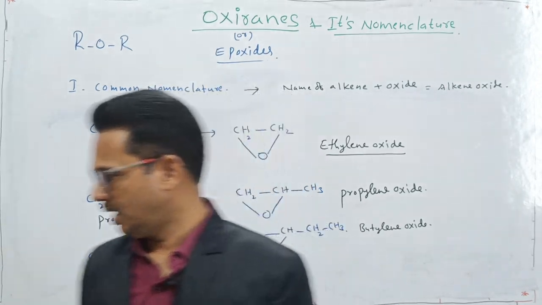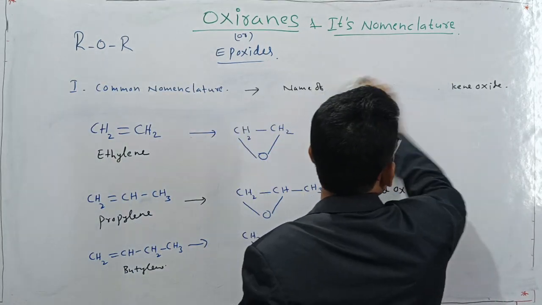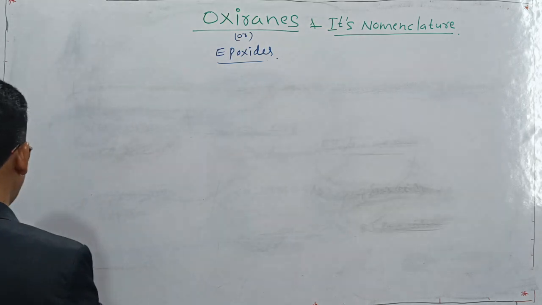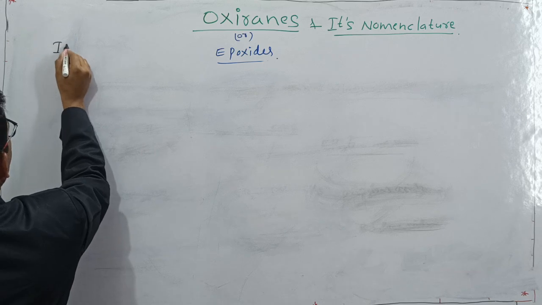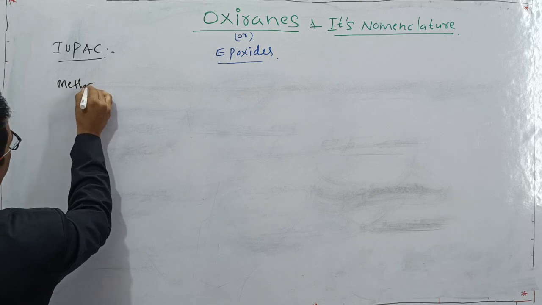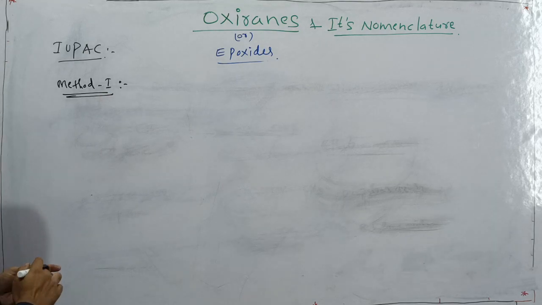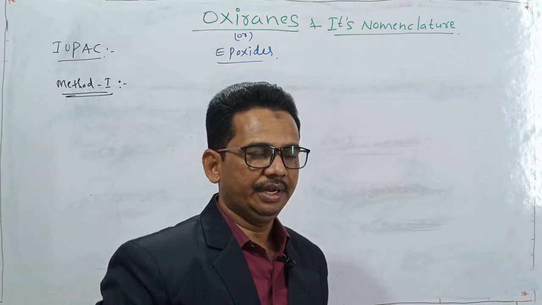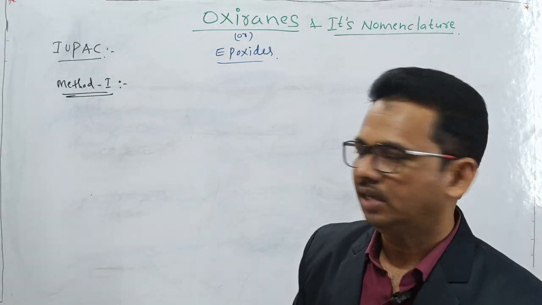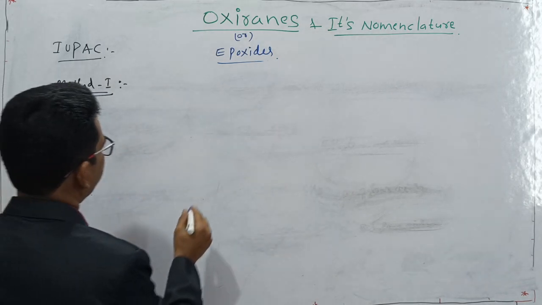Now we'll go for the IUPAC system. Give me a moment to rub this out. The second system is the IUPAC. Here there are 2 methods. First we'll go for method 1, which is based on the derivatives of oxirane. How is it a derivative of oxirane? Which one is called oxirane?